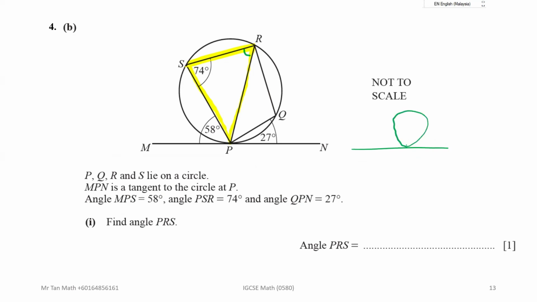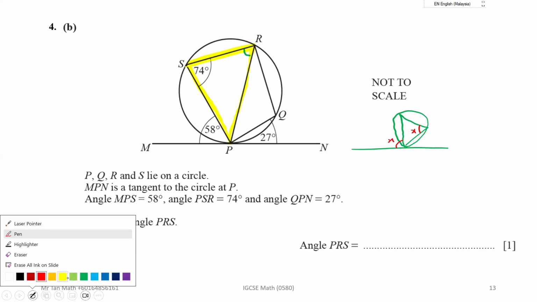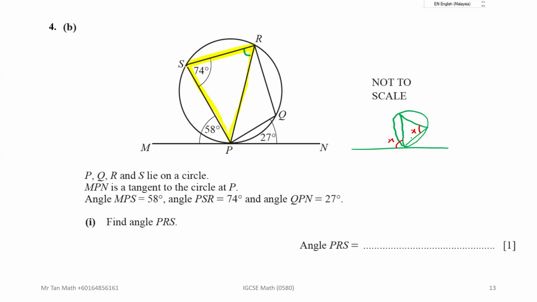So this angle here is equal to this, and this angle here is equal to this. This is the alternate segment theorem. So in other words, this will be 58, the same.